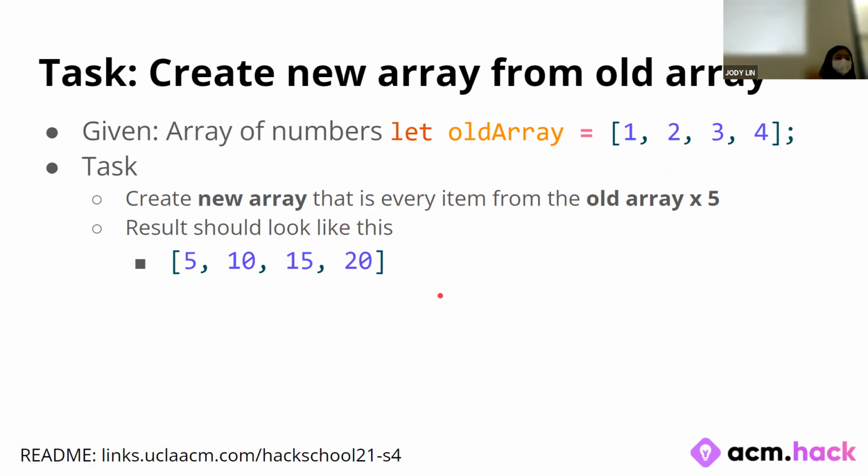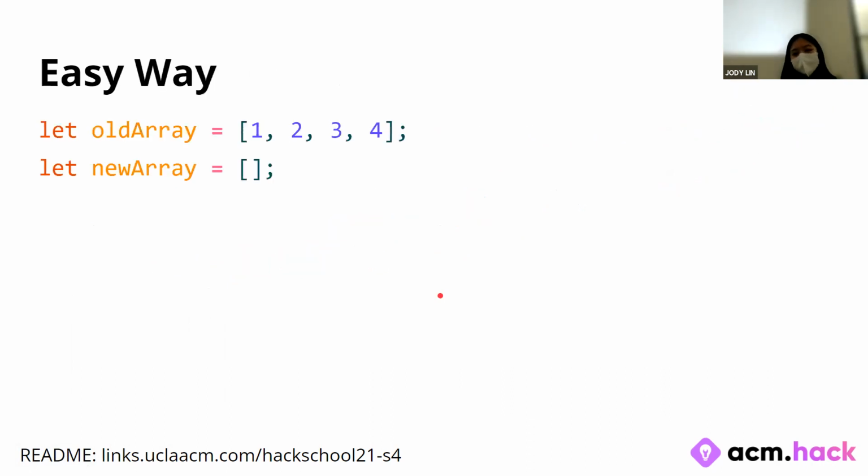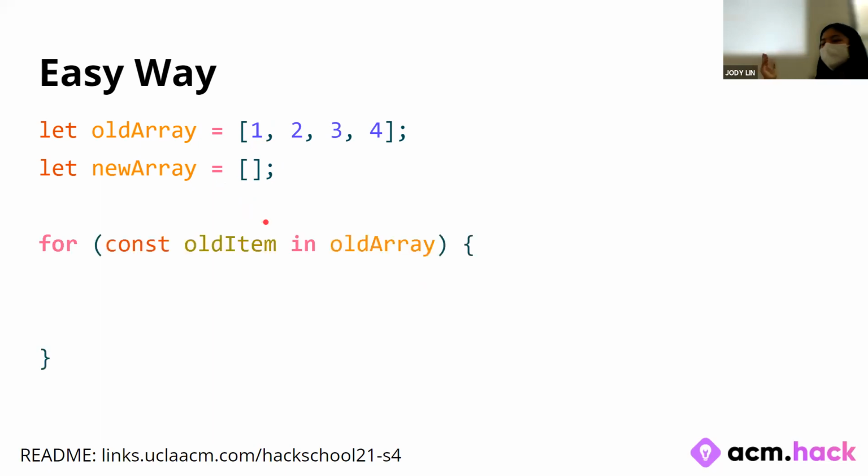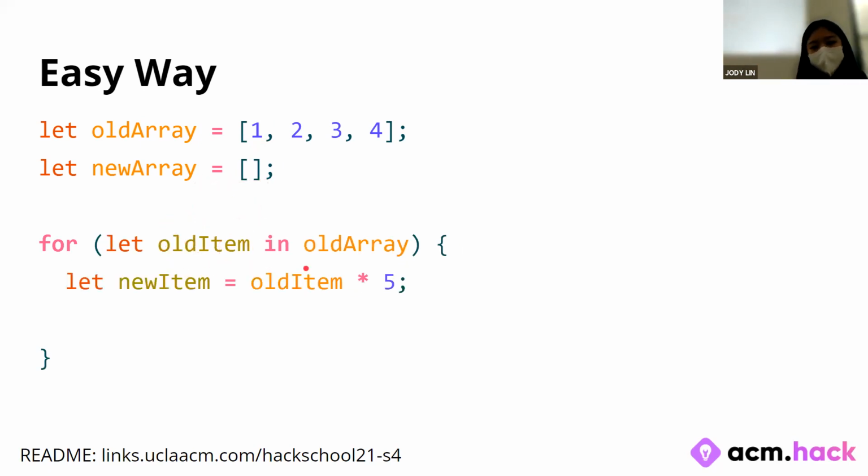And you're like, easy peasy, LeetCode easy. Let us try this. So we have let old array, and you have the array here, and you're going to make an empty array for a new array. We'll just start adding each of these. We just learned for loops, so we're going to have a for loop here. For each item in the old array, we're going to create a new item called new item, which is just the old one times 5.